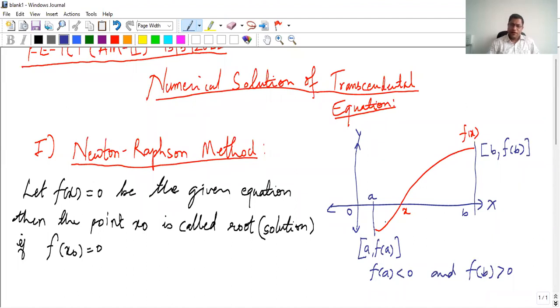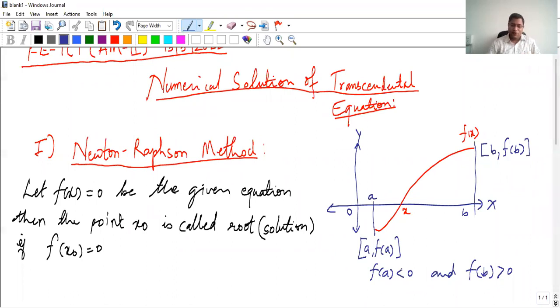By the theorem, when the function is continuous and it has a maximum value and a minimum value, then it attains every value in between its maximum and minimum. Here, for this function, the minimum value is f of a and the maximum value is f of b. Since f of a is less than 0 and f of b is greater than 0, the theorem guarantees that we have a root in the interval a to b.